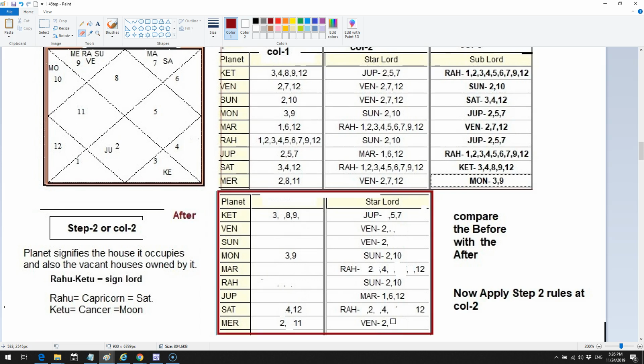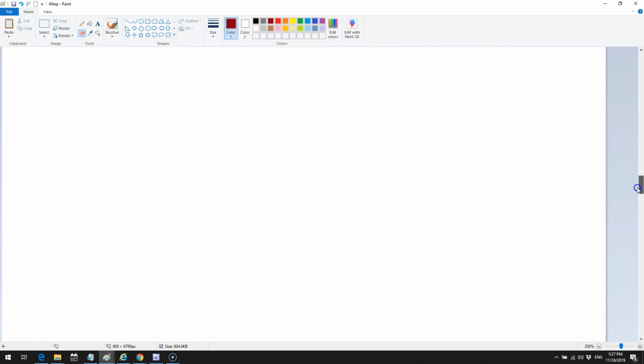So this is how, after applying the step 2 rule at column 2, this is what we get. This is what we had originally, and now this is what we got after applying the rules. So now let's look at column 3 and column 4.